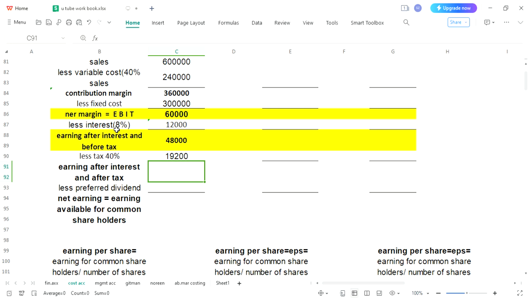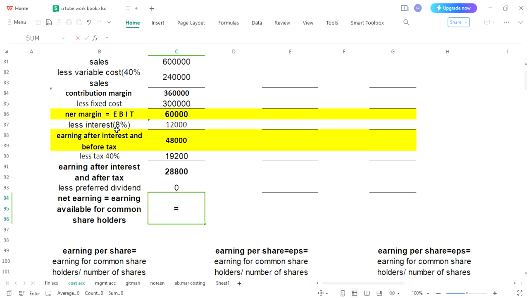Tax has been calculated. We are now able to calculate earning after tax, which is the difference between earning before tax and tax. 48,000 was the previous earning. You will subtract the amount of tax and here you have got your earning after tax. Since in the question no dividend is present, you will put 0.